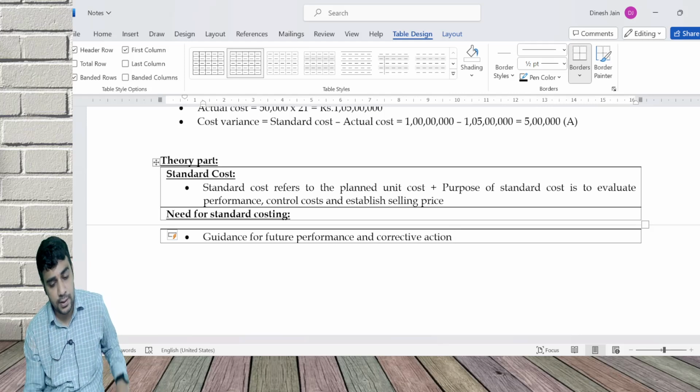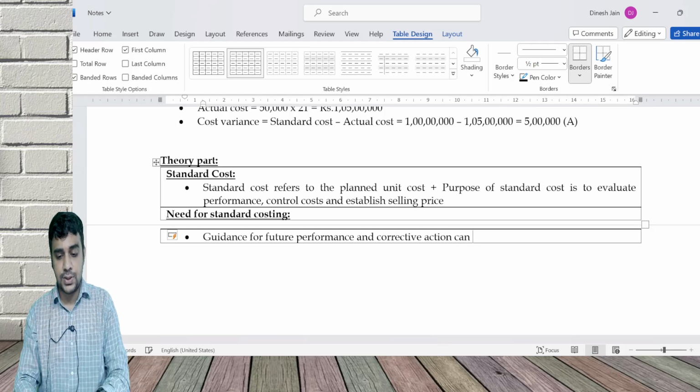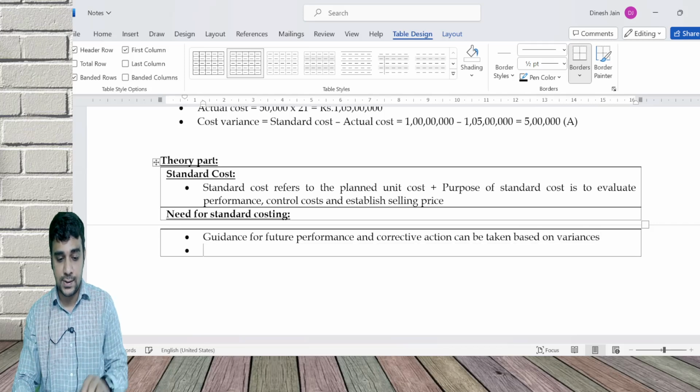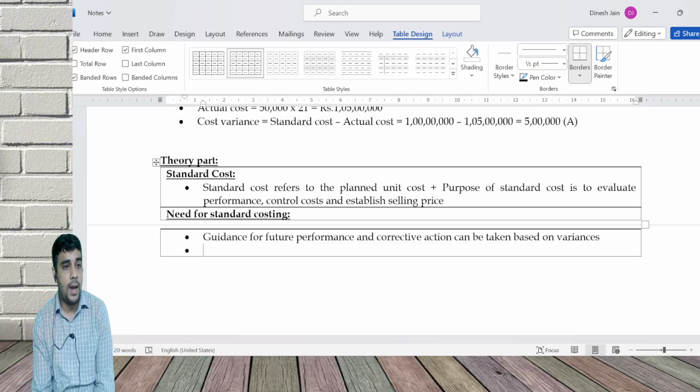Corrective action can be taken based on variances.